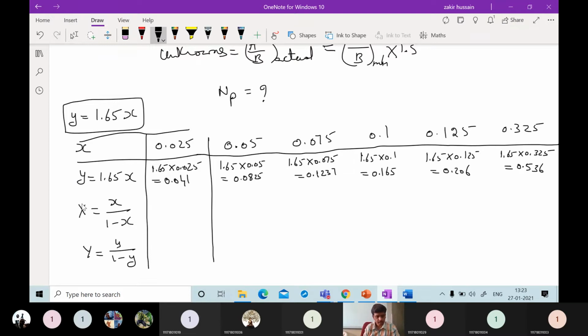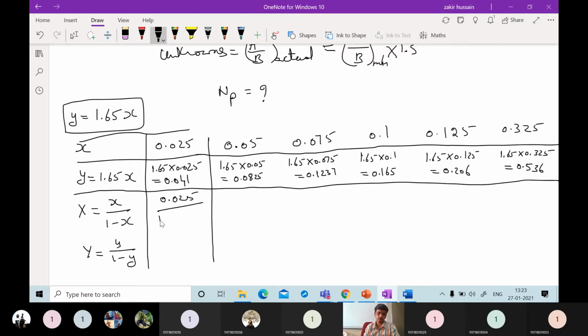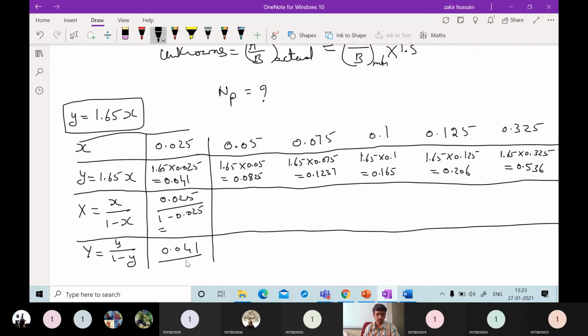Okay, we got these points. So now we have to convert into capital X. Capital X is small x 0.025 divided by 1 minus 0.025, and you will get something. Then 0.041 divided by 1 minus 0.041.